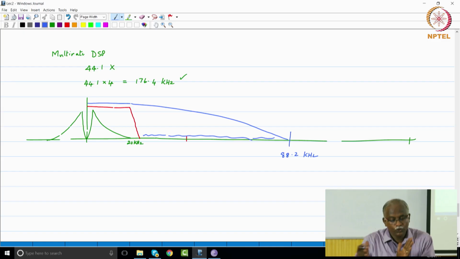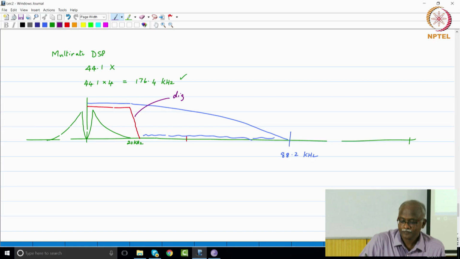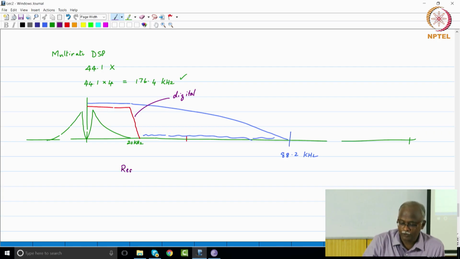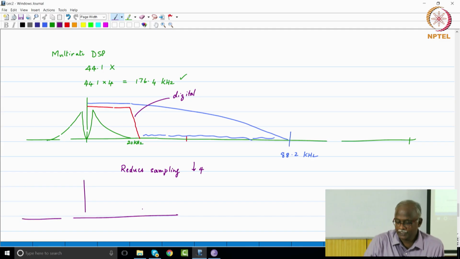So, if I want to bring it down to the correct sampling rate, I must follow it up with a digital filter that looks something like this, a digital filter which will cut off the unwanted portions that the analog filter gave me, and after that reduce the sampling rate by a factor of 4, which turns out to be very simple: retain 1 out of 4 samples.